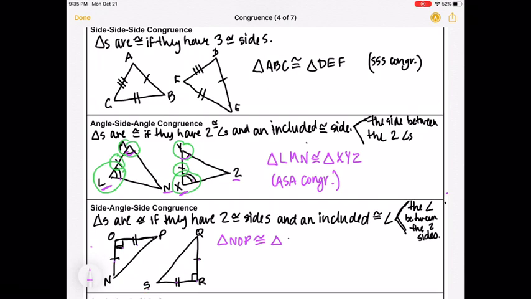I can't start with S because N and O was my first congruent side, so I need to start with Q. So congruent to QRS. And my reasoning when we get to proofs would be side, angle, side congruence.